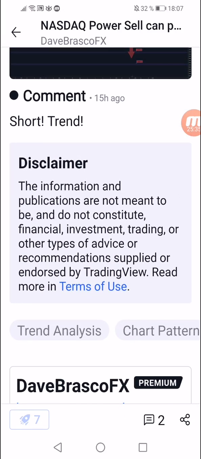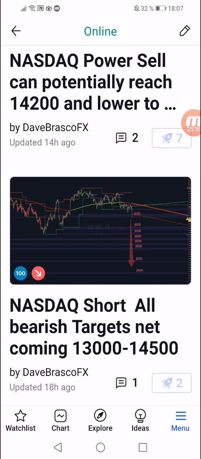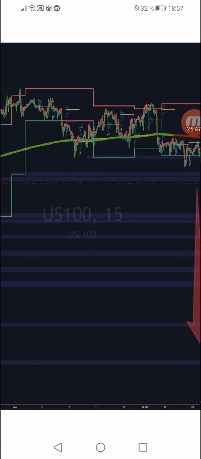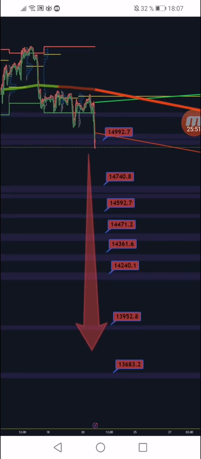So, and then we go to the next one, the levels of Nasdaq again. Also for other indices I published already days ago. So this page, DaveBrascoFX, is the most accurate, and 95% of the trade ideas are all winners during the last weeks, months, right? If you would have followed my instructions.